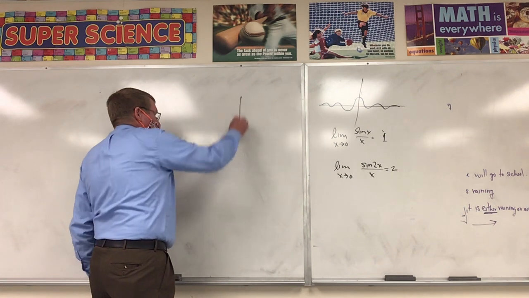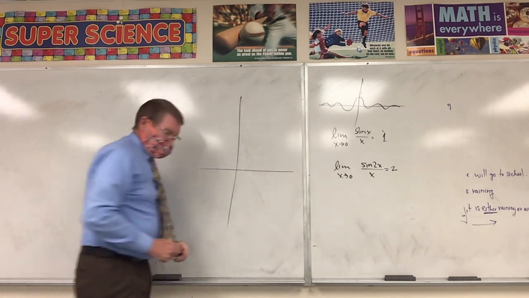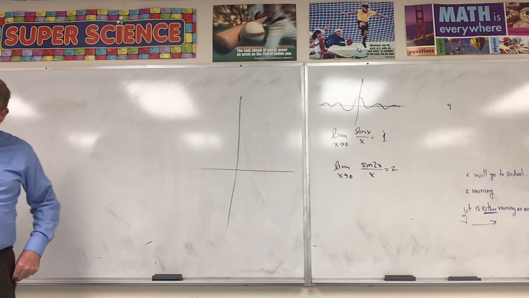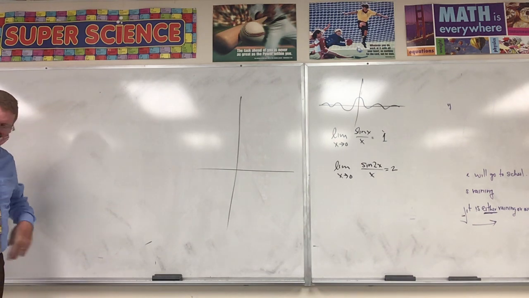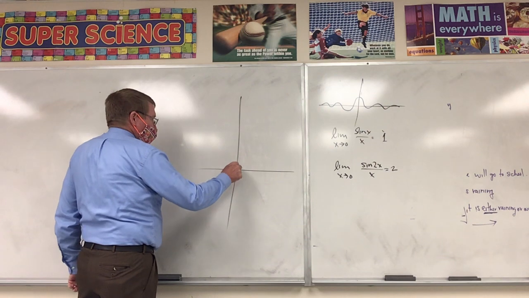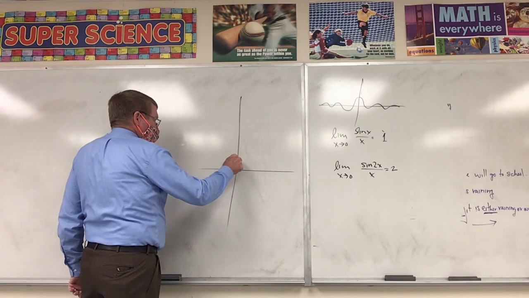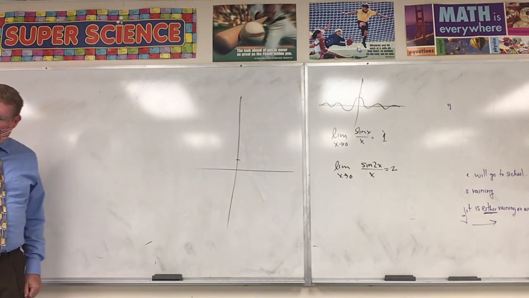57. It's a piecewise function. Between 0 and 1, we're graphing the square root of 1 minus x squared. So if you put 0 in, what do I get? You get 1.